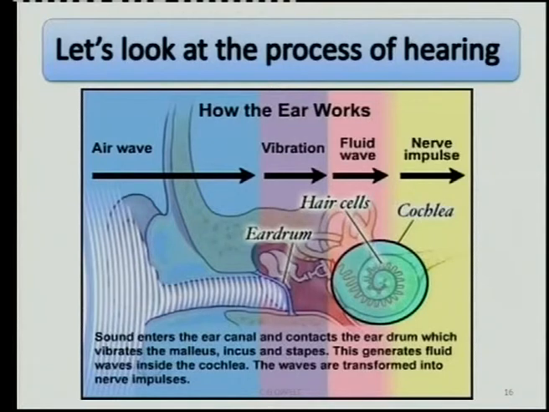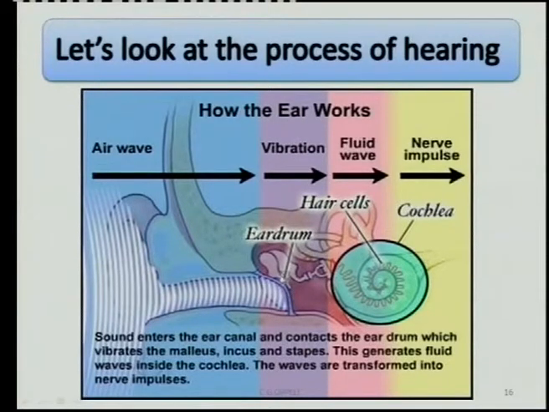Here we can look at the process of hearing, because that is one of the functions that you should know. And I think it's one of the more important ones that you have to know. First of all, just quickly, it's an air wave that hits against the auricle or the pinna, and then you can see it goes through the auditory canal and hits against the eardrum.